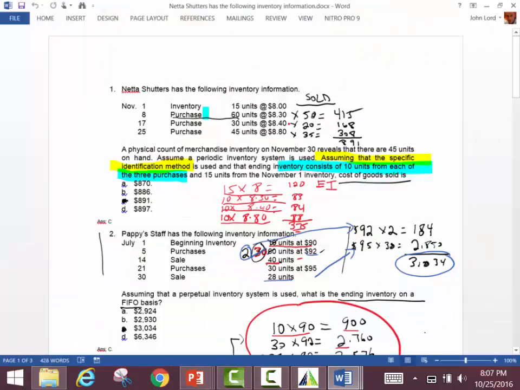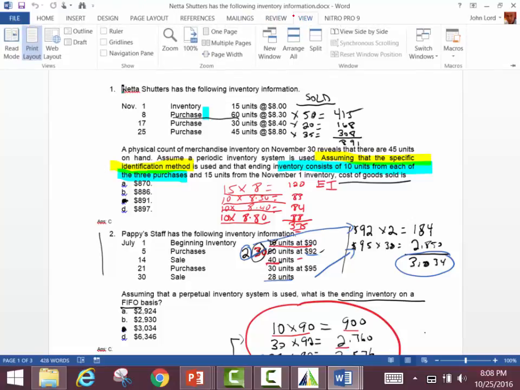Okay. All right. So let's look at some of these now. And these questions are pretty similar to what you can expect to see on your exam. You want to do these now or later? We could save these for later if you've had enough inventory.